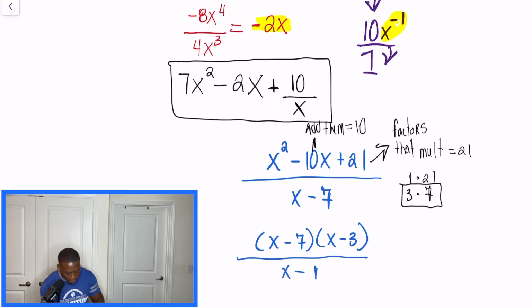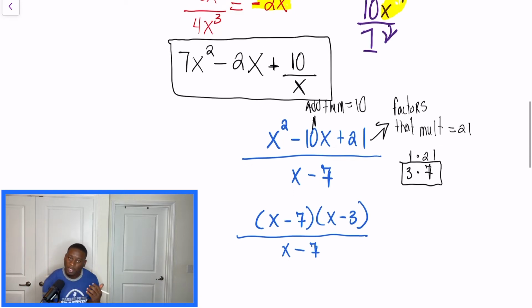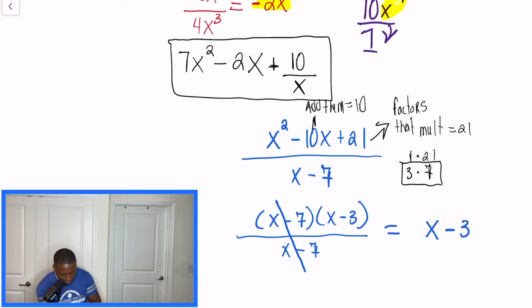For us to check, all we have to do is go back in and multiply these two binomials, but we already know it's going to be the right answer. I double checked. At this part, what we can do is simplify. We get rid of x minus 7 over x minus 7, and that leaves us with the final answer of x minus 3.